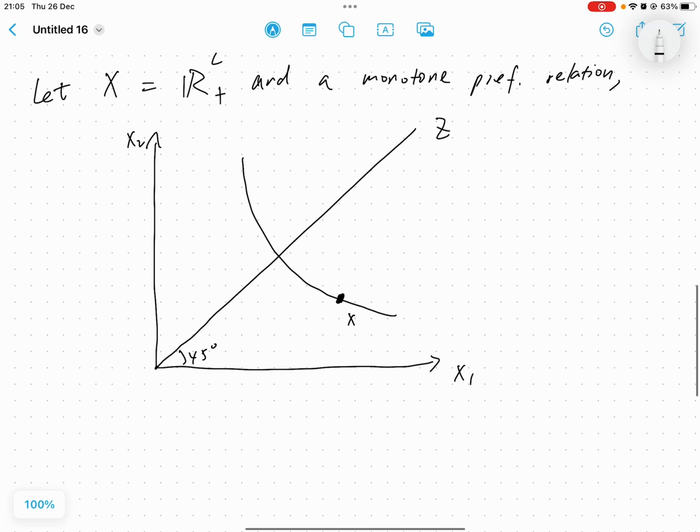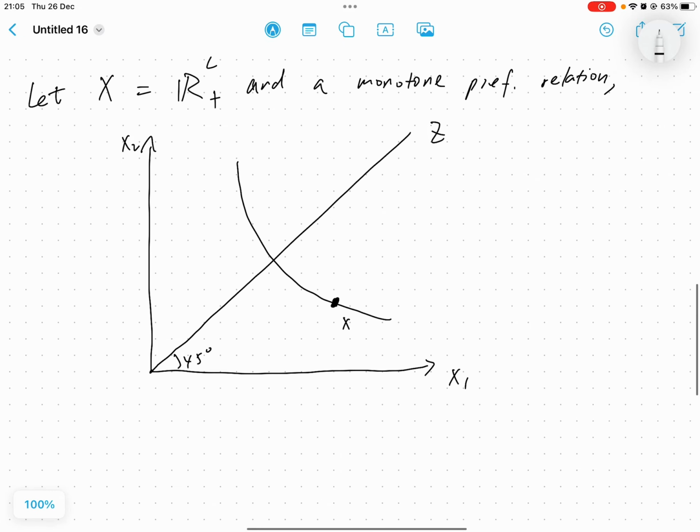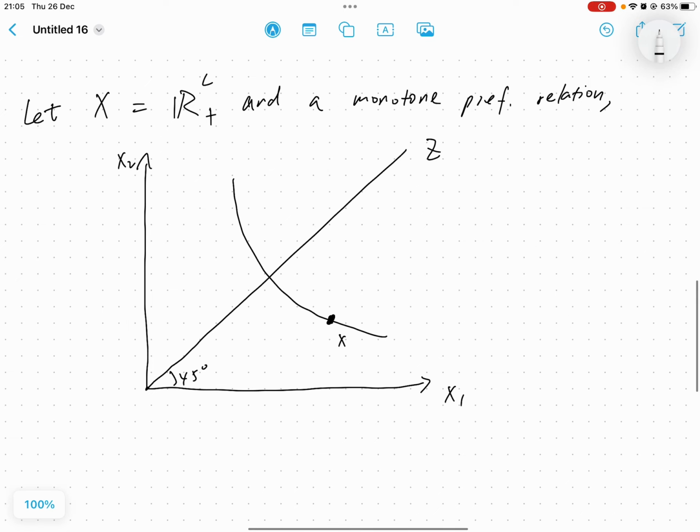In this ray Z, this is the locus of the vectors with all the L-dimensional, or here two-dimensional, components equal to each other. This is the diagonal ray on which we're going to show this utility. Further, we're going to use this little e to denote the L vector, or here the 2 vector, whose elements are all equal to 1.